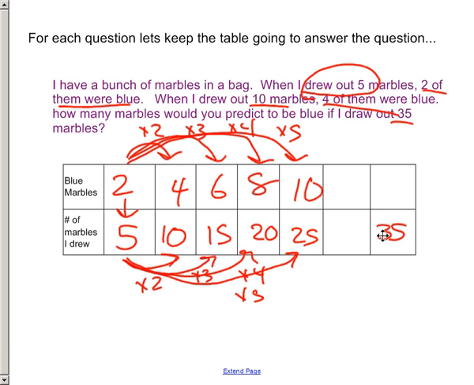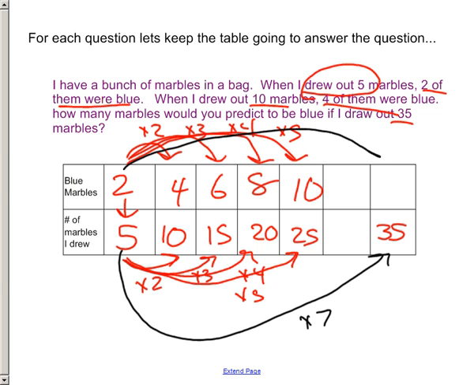All right, so we can keep going. And I can even skip ahead and just say, to get from 5 to 35, I have to multiply by 7. There's 7 groups. So to get from here to here, I would also do times 7. 2 times 7 is 14. So if I draw 35 marbles, I would predict that 14 of them would be blue.